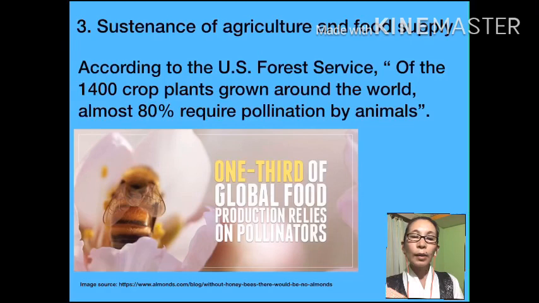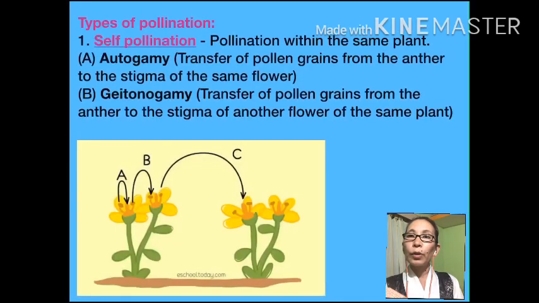Now, let's study the 2 broad types of pollination, which are self-pollination and cross-pollination. Self-pollination happens within the same plant, and it's further divided into 2 subtypes, Autogamy and Geitonogamy.